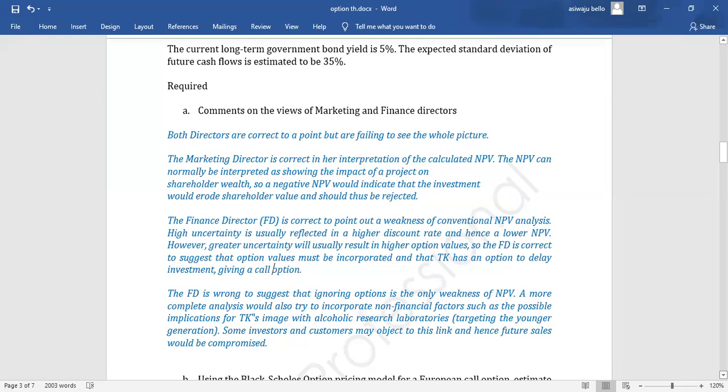How will the society perceive your company? You can produce your alcohol, but don't direct it towards the youth. All right, that is the appropriate response to the A part of this question.